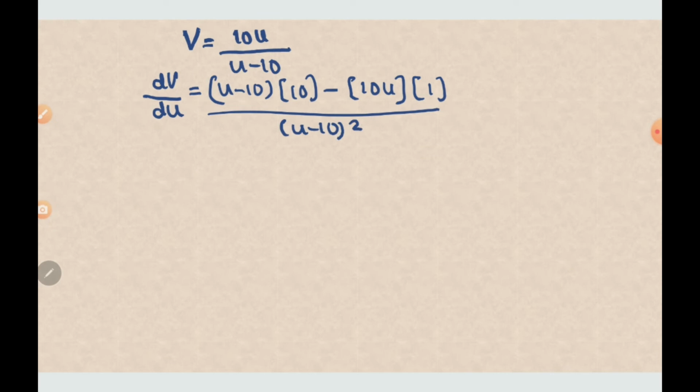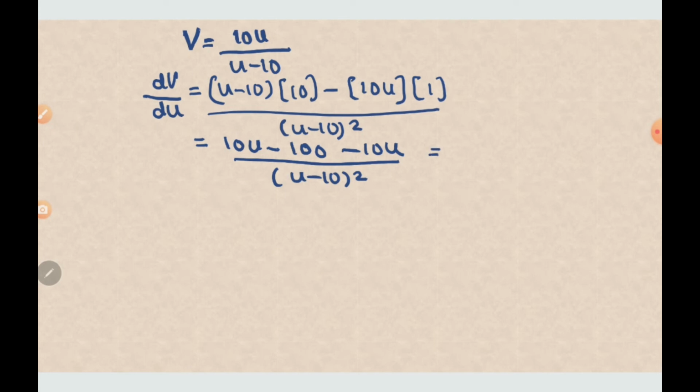Okay, simplify, you will get 10u minus 100 minus 10u over u minus 10 squared. Simplify, you will get the answer is negative 100 over u minus 10 squared.